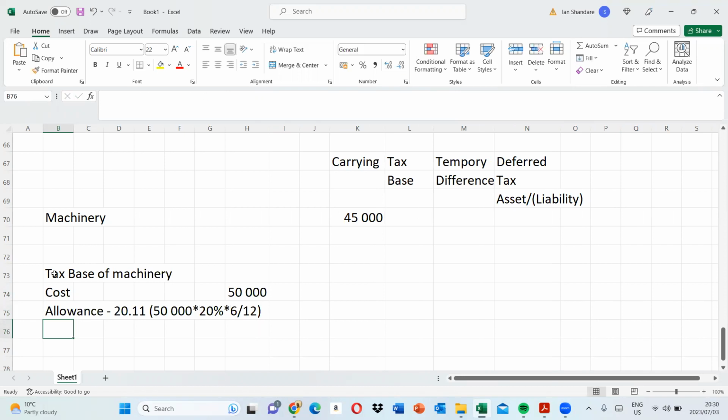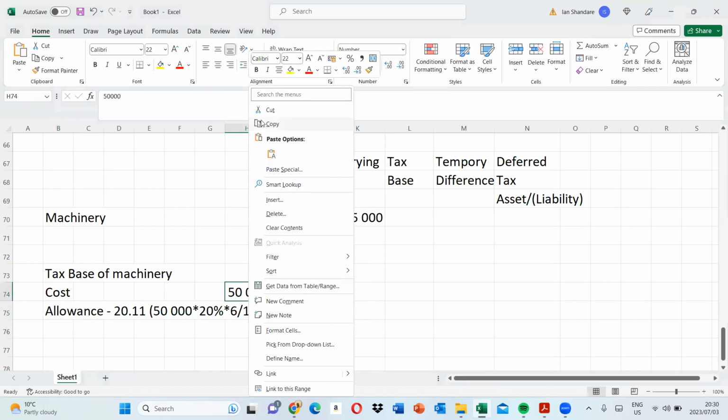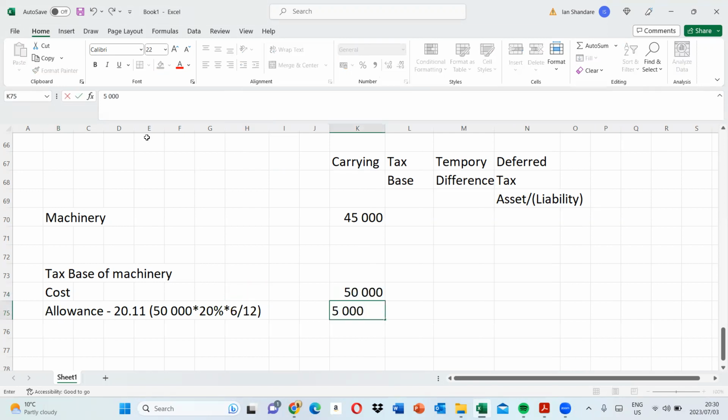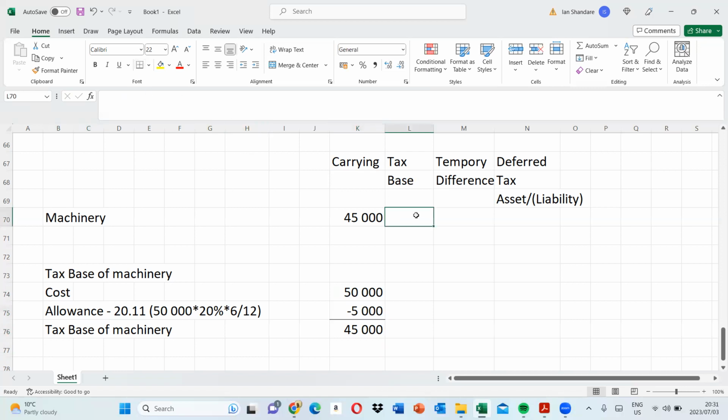Because both are in agreement, we are going to have a tax base sitting at 45,000. Do you guys see that? So we then have 45,000 as our tax base. The temporary difference will be 0.